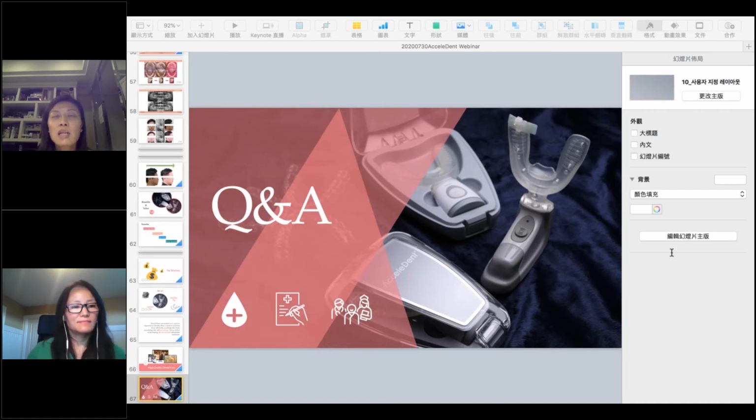Because with undermining resorption, you have a lot of hyalinization. With hyalinization, that means the blood flow is cut off. There's no blood flow, so the tooth moves very slowly, or sometimes it's stuck there. Could this instrument overcome it? Yes. Usually, if there's undermining resorption, you need to reduce the force, or you need to stimulate those prostaglandins to release mediators to boost the bone remodeling rate and induce better tooth movement.